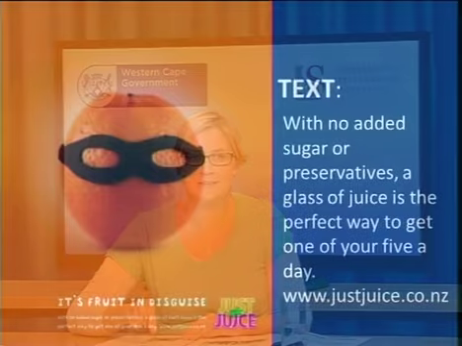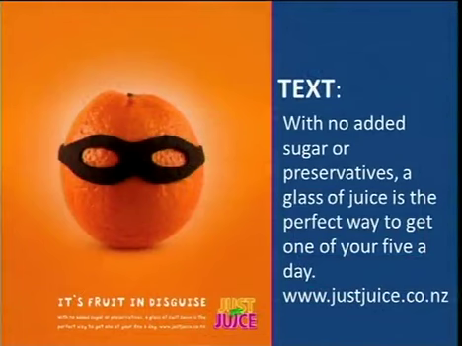If we look at that image again, we can clearly see that it is a literal interpretation of the slogan. That orange is literally wearing a mask, which is disguising it. Of course, that's not what you get when you buy Just Juice, but that is how our image is linking to the text, to the slogan, it's fruit in disguise.